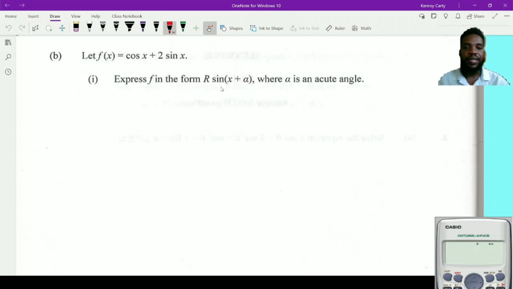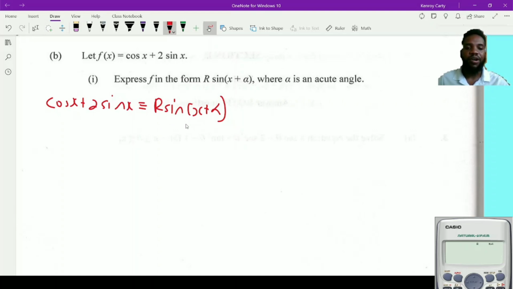Now, if we're going to express this in this form, we're going to have to start by assuming that the two must be equivalent. So what we're saying is that cos x plus 2 sin x must be equivalent to r sin(x plus alpha). Now, of course, we can't compare two things that are in different forms.